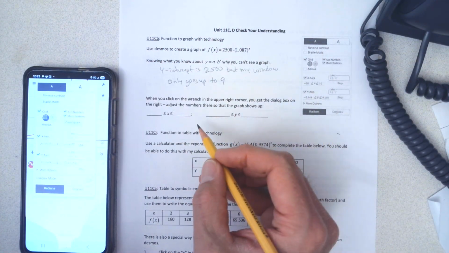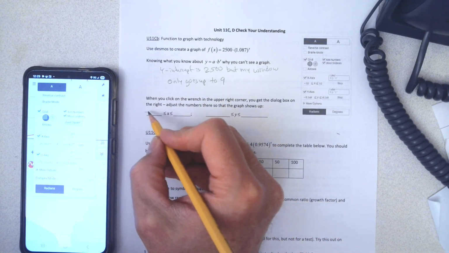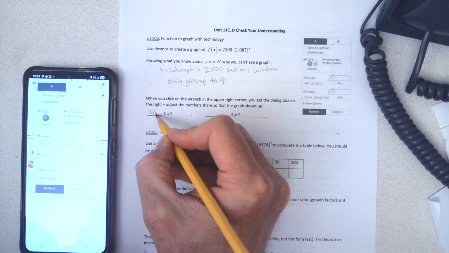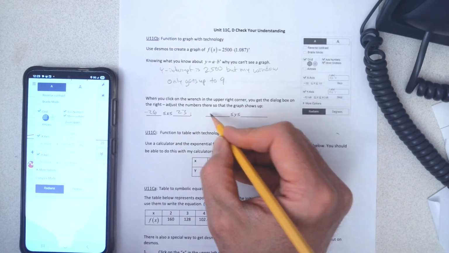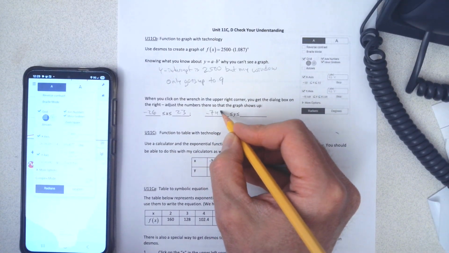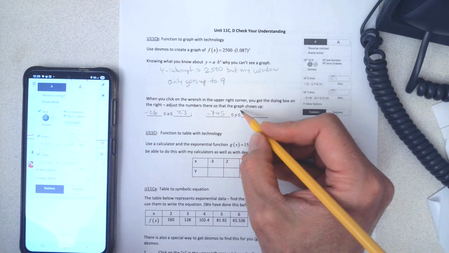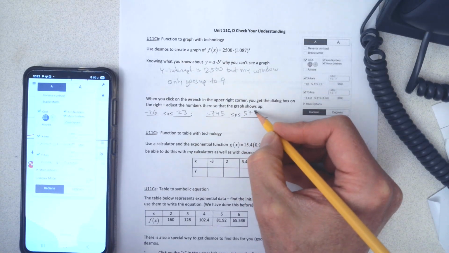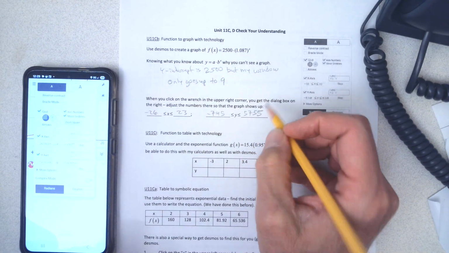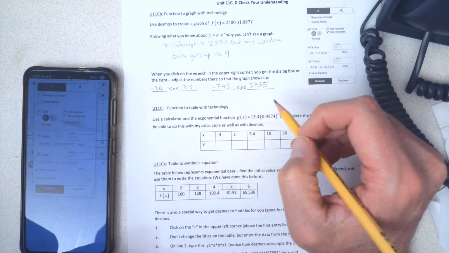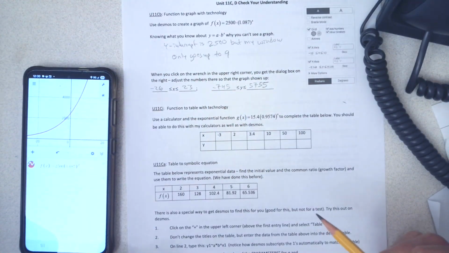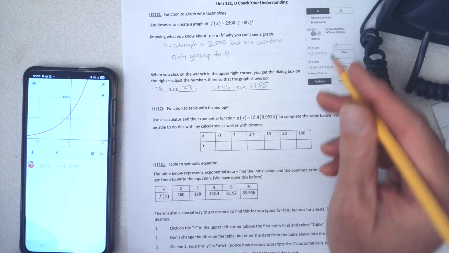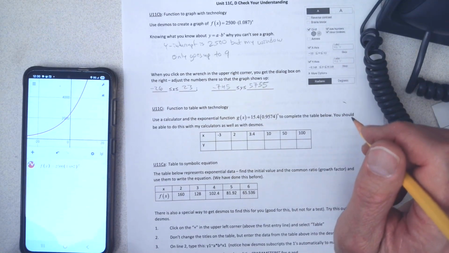That happened to be from about negative 26 to about 23 on the x's, and on the y's from negative 745 to about 5,755. Yours certainly doesn't need to be exactly that. It's just something that enables you to see what's going on so that you can move around and try different things.